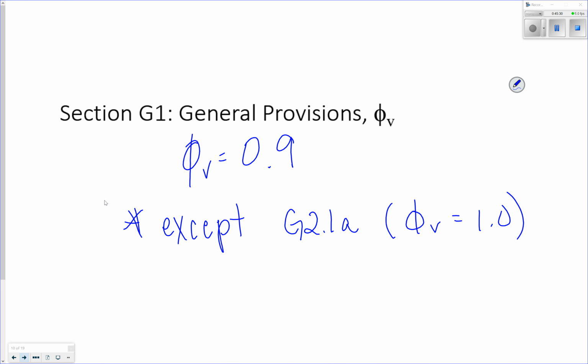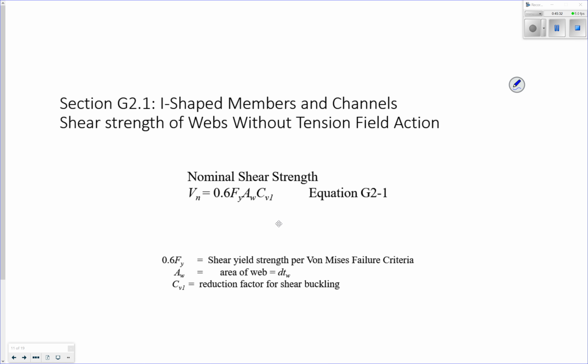If I go and look at G2.1, I-shaped members and channels, shear strength of webs without tension field action, I have the shear strength based off of the von Mises criteria. If you remember, that was 0.577 Fy, Fy over square root 3, which is about 0.6 Fy. So we just rounded it to 0.6.